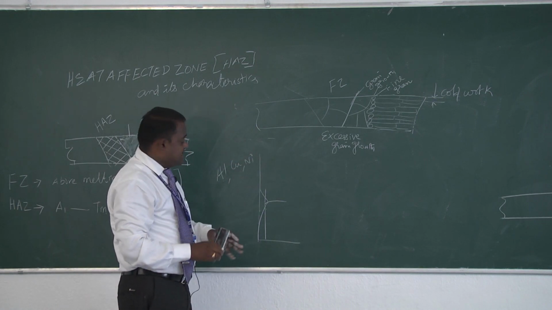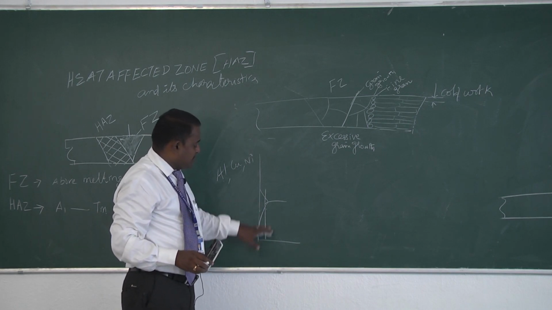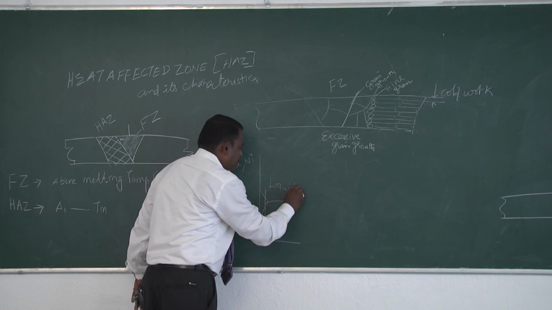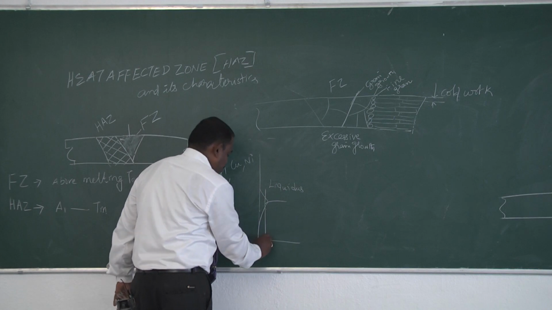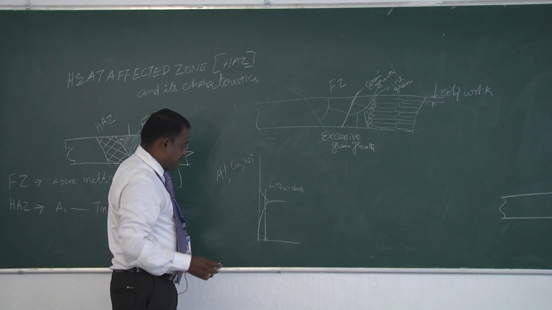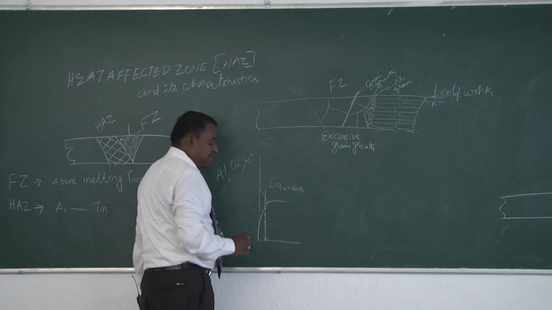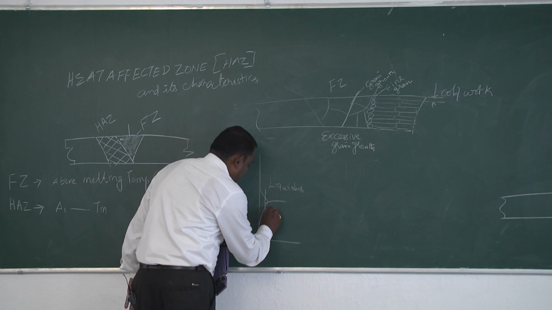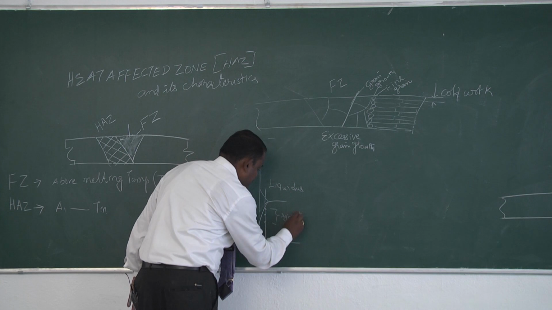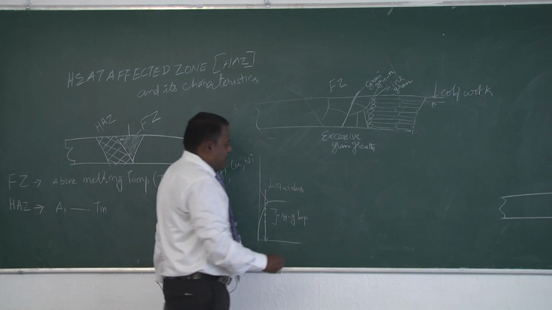They may not have any phase transformation during heating from room temperature to the melting temperature. This is your liquidus temperature, and down to room temperature it may not have any allotropic transformation, but these materials are strengthened by the heat treatment process alone. This is the normal range of aging temperature, but it will behave in a different way.